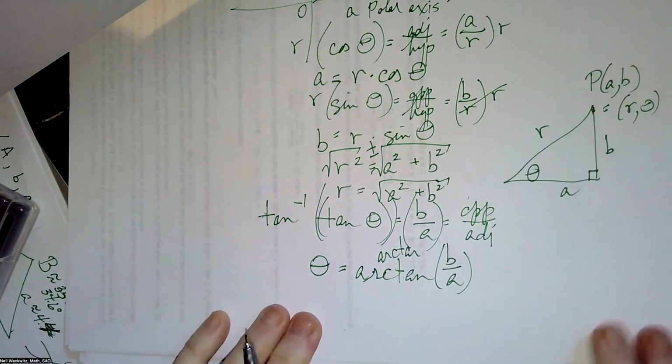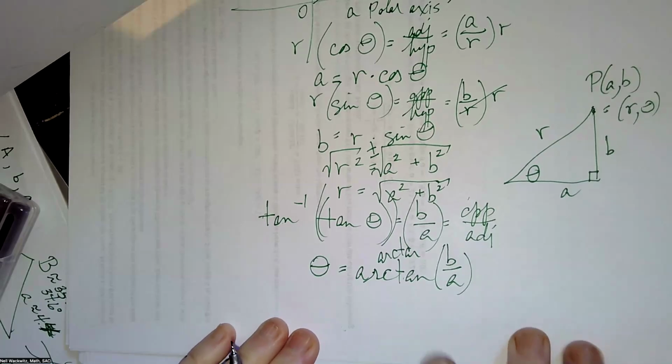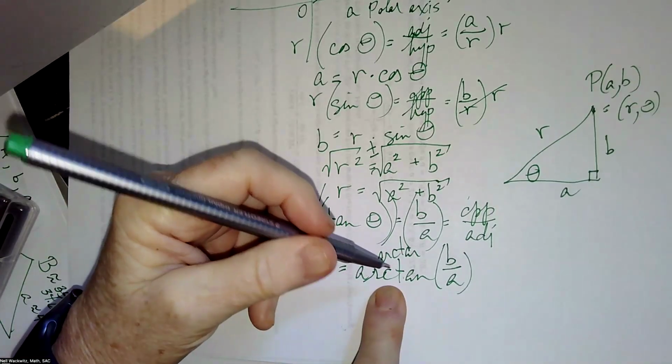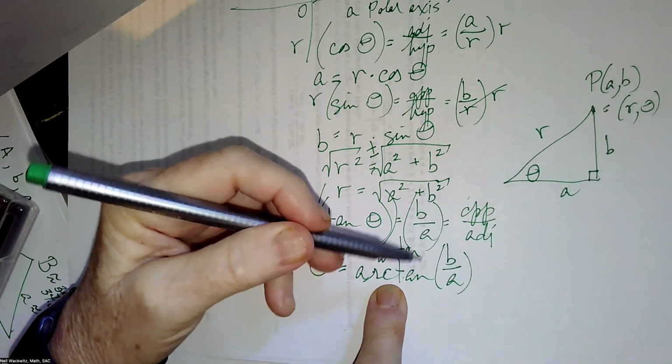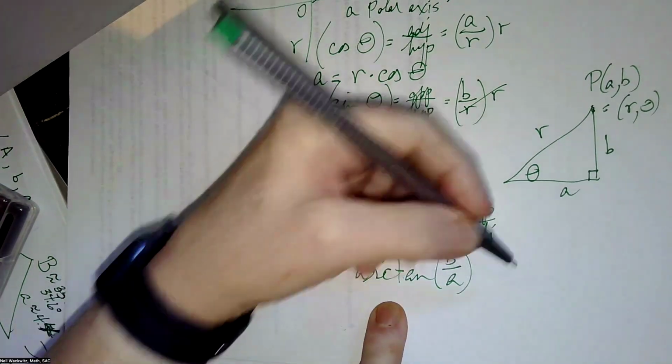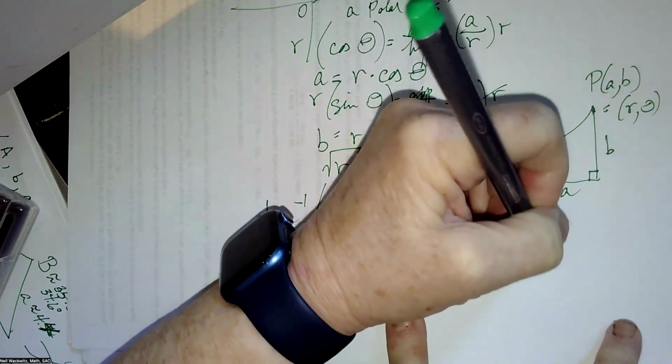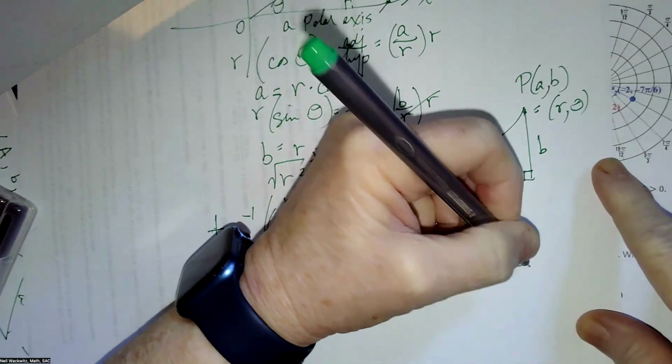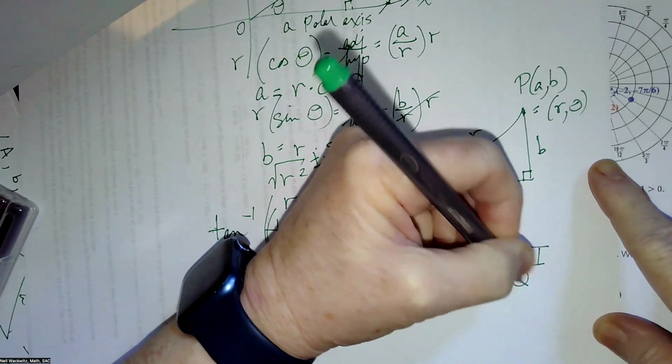And this is where I have to be mindful. Arctan is only defined in the first and fourth quadrants. So here theta has to be in either quadrant 1 or quadrant 4.